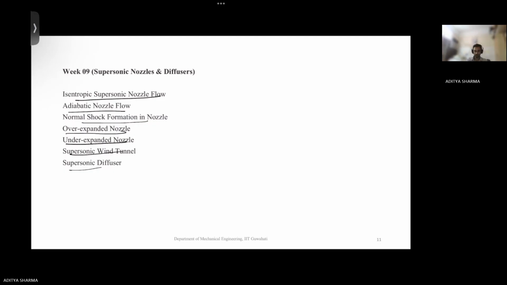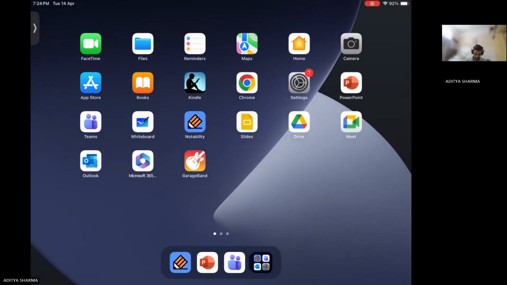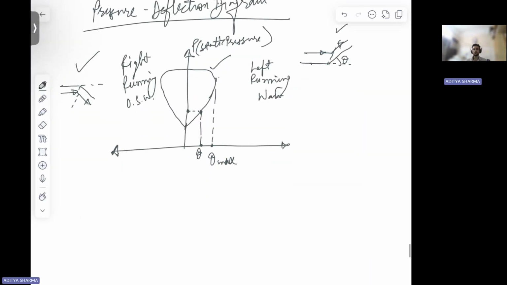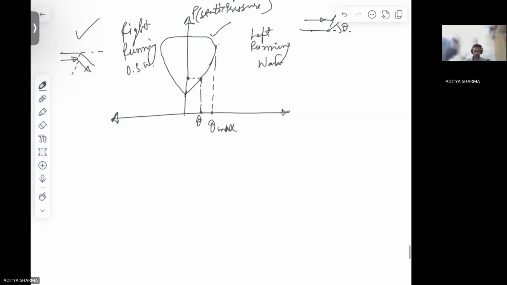So in case there is no shock in the nozzle, the flow is going to be isentropic supersonic nozzle flow, right?